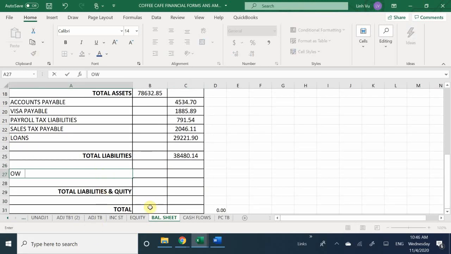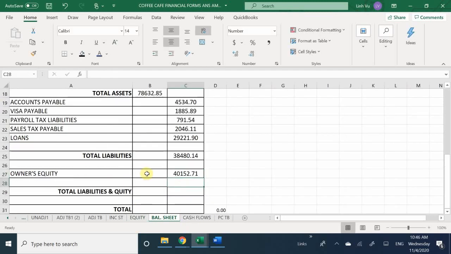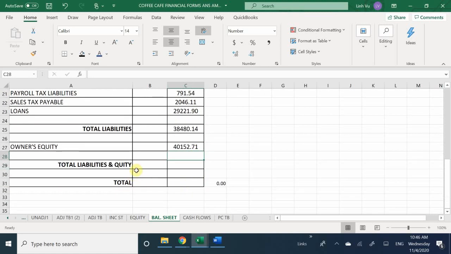And then lastly, we're going to take our equity, right? Owner's equity. All right. And what was the amount for my owner's equity? All right. Add those two up together to get your total liabilities and equity.